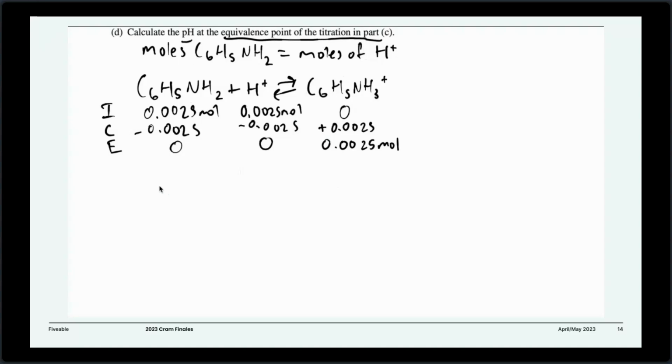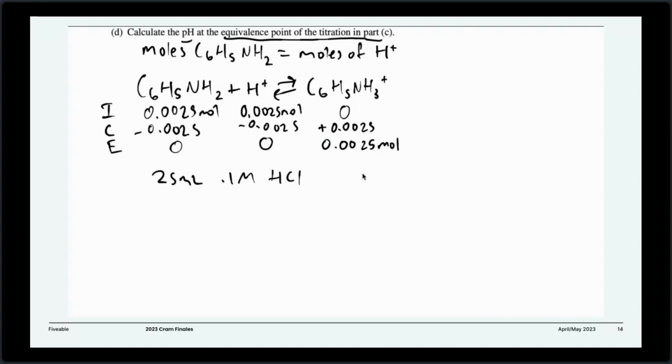And the titration that we're given in part C was 25 milliliters, and it was 0.1 for the molarity of HCl. So with that in mind, that is the equivalence point. This volume, 25 milliliters, is our equivalence point.